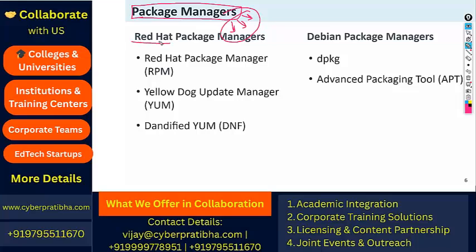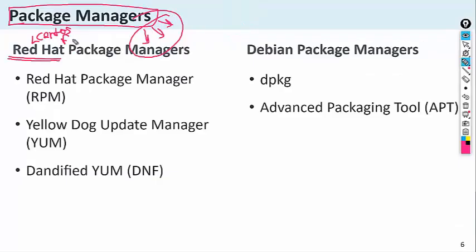Like the Red Hat distributions, which include CentOS, Fedora and RHEL. These are the operating systems which have the Red Hat package manager. So there are three Red Hat package managers.